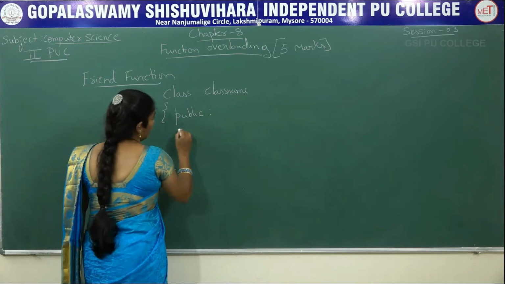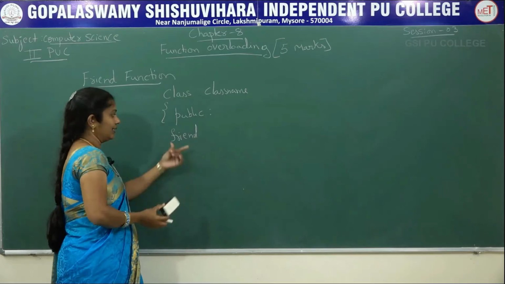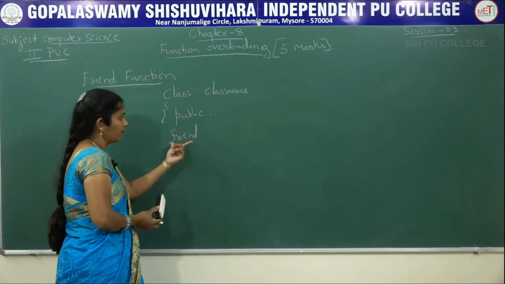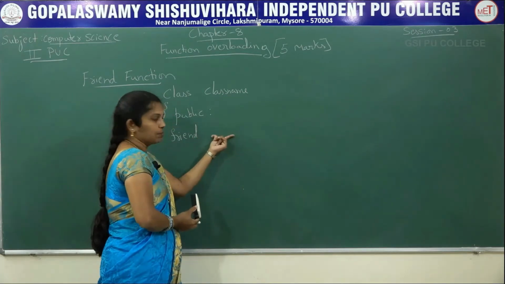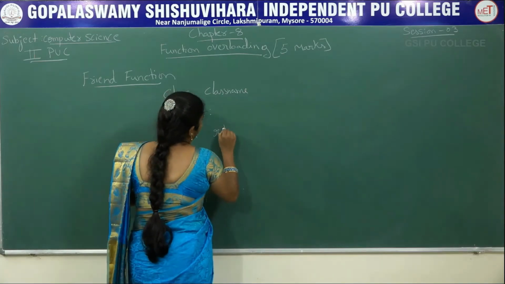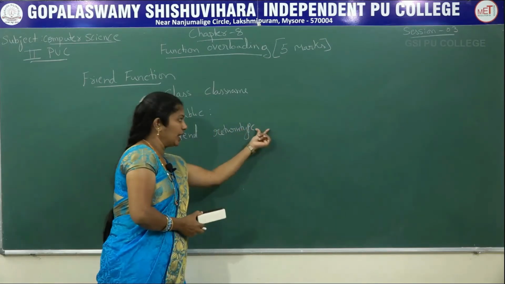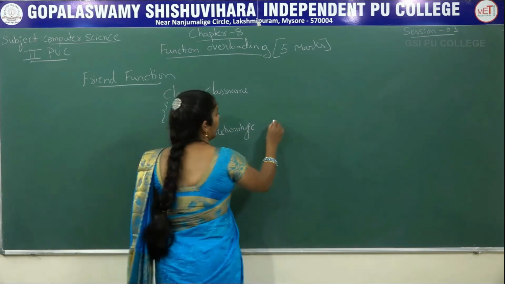First I have to use the keyword friend. Then after leaving one space, you have to write the return type specifier. Return type. Then leave one space and write down the function name.